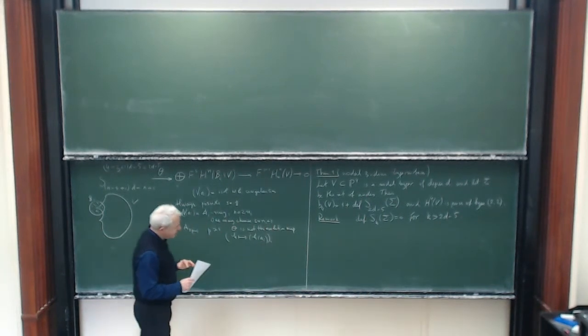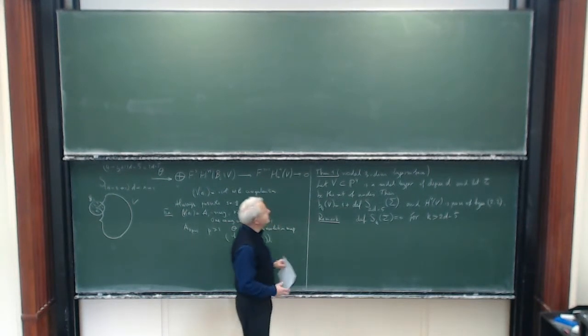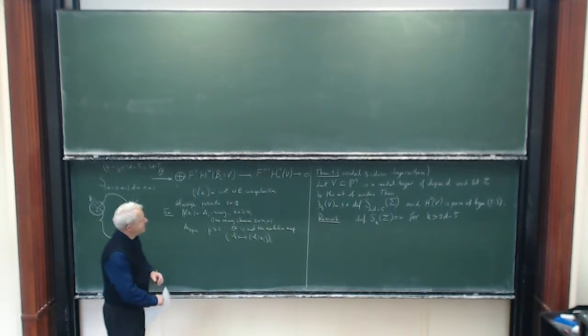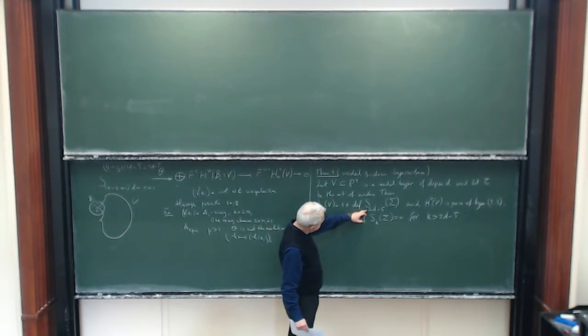So in some sense, this is true for any nodal hypersurface in P4. And so this is the maximal value of the defect, which can be non-zero. In many cases, this defect is also 0, but it can be non-zero. But after that, we are sure that always the defect is 0.